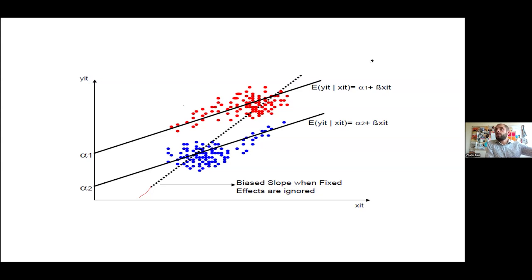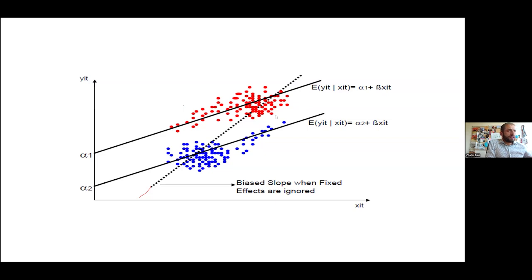Their observations will be around their intercept, but both of them will have the same slope. So in this case, experience in general will have the same effect on Safiya's wage and Riham's wage. Okay?